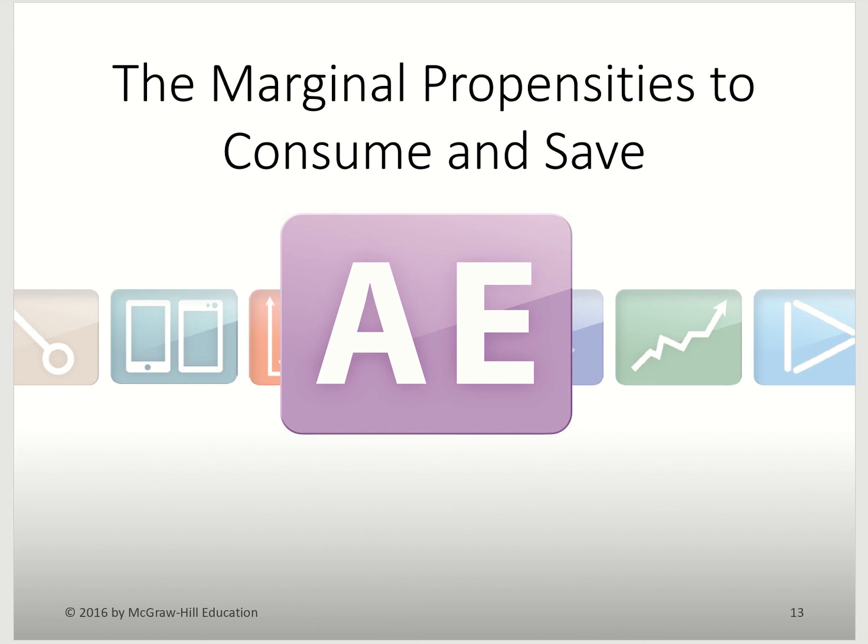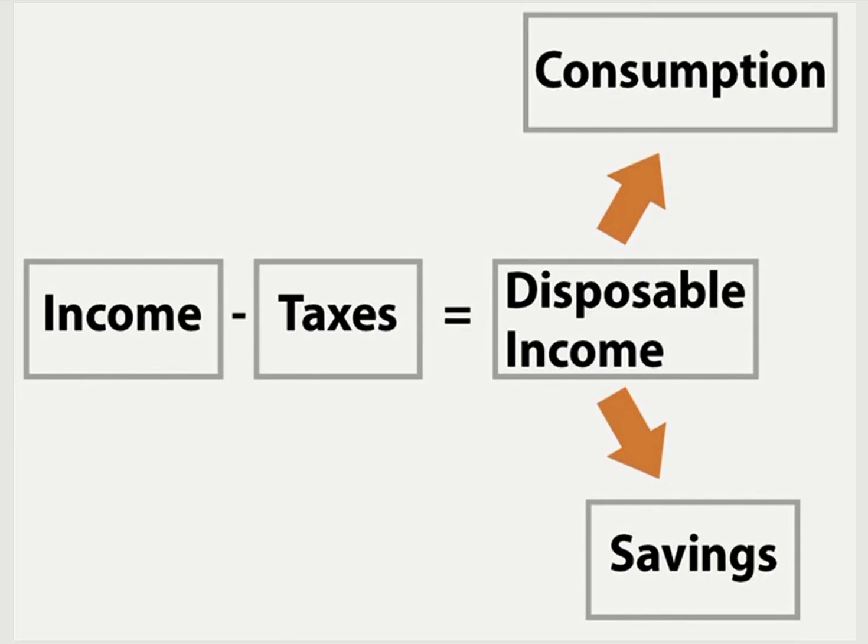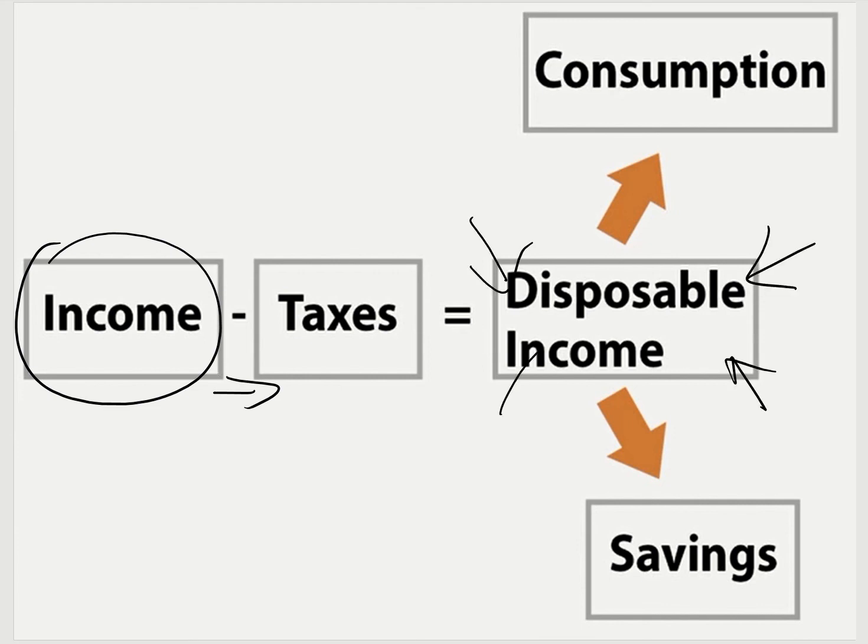Either spend it, consume, or save it, right? Consume later, right? So there's no third option. For all the income we have, your total income, subtract your taxes, take away your income tax, equals your disposable income. Now, disposable income just means that this is your money. You can do whatever you want with it.